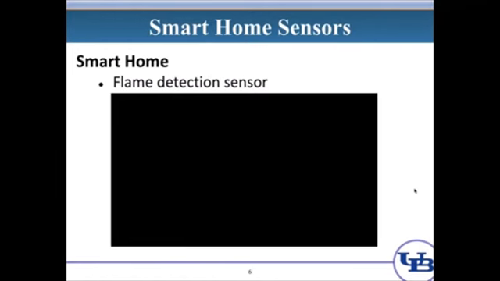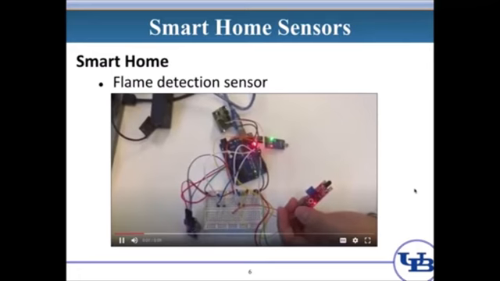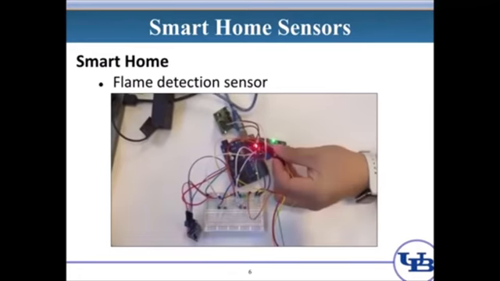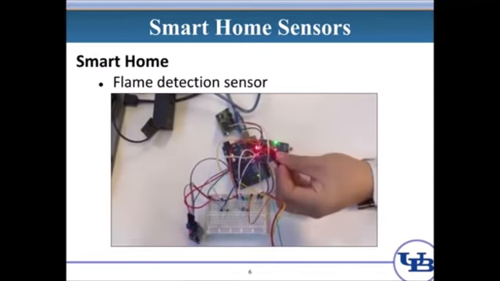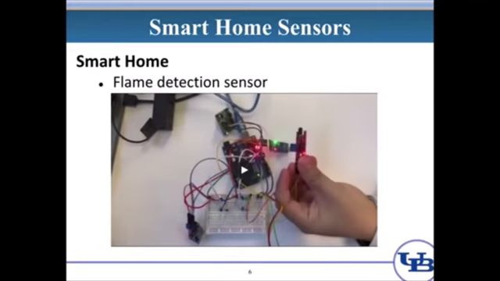So next, the flame detection sensor. That's a yellow LED. The flame sensor can detect flame in about a 760 to 1100 nanometer wavelength range.